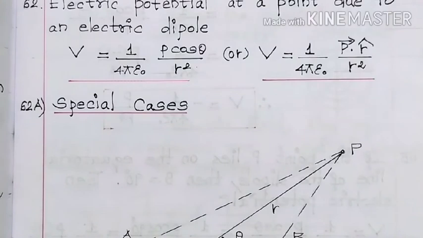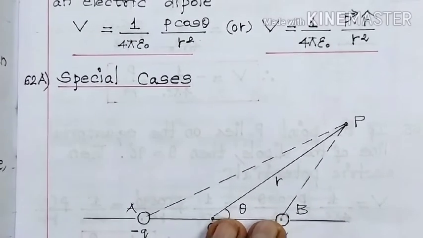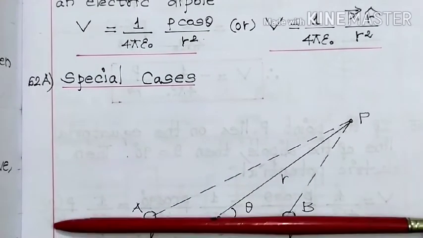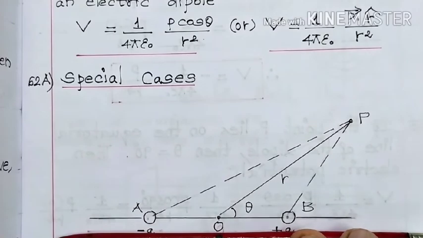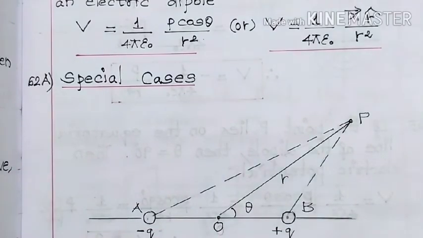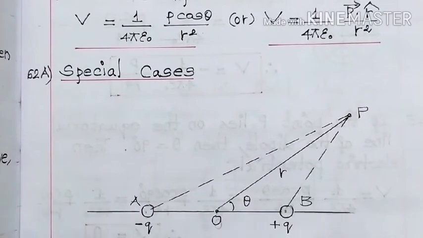The next case is, what if this point P lies somewhere over here on this axial line at the side of minus Q? Then what will happen?